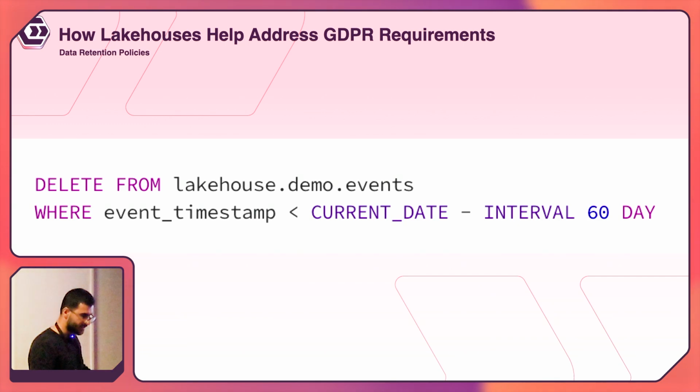So if there is no data to retain in the data file, it will just remove the file from the metadata without any scanning. And if there is at least one record to retain in the file, Iceberg will create a new version, as we saw in the other case. So in both cases, we will have data optimized and with a retention policy, like here 60 days, without a lot of scanning, and our data lake will be fully compliant with GDPR.